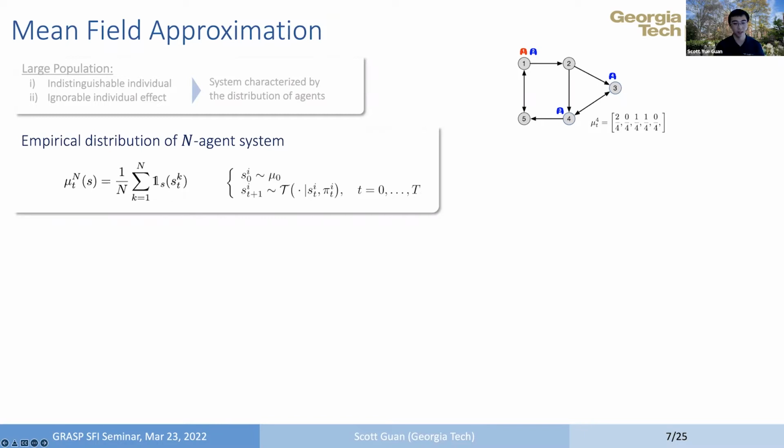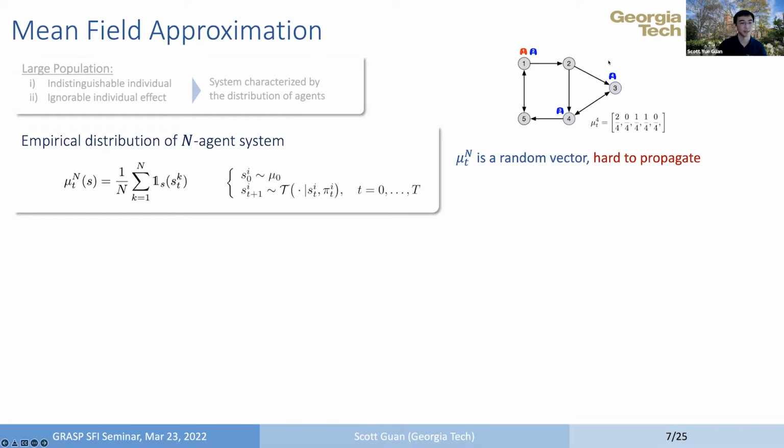For example, in this little resource allocation problem, we have 2 agents on node 1, so that's 2/4 of the agents on state 1, and then 1 agent on node 3 and 1 agent on node 4. This is the empirical distribution of this system at the current time step.